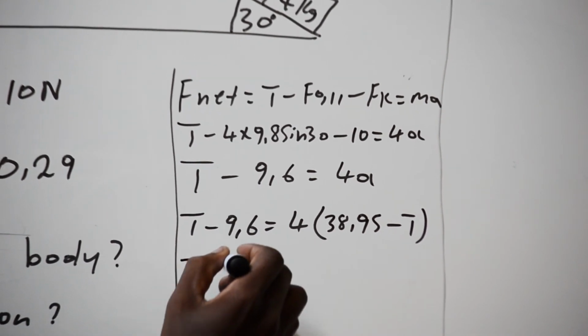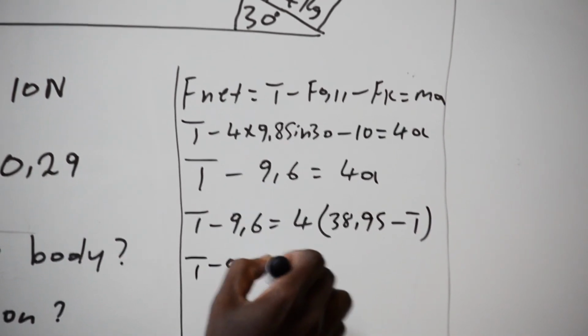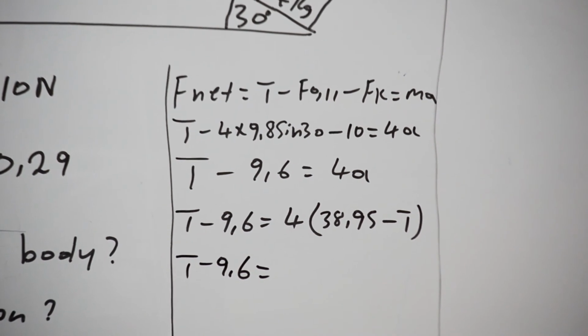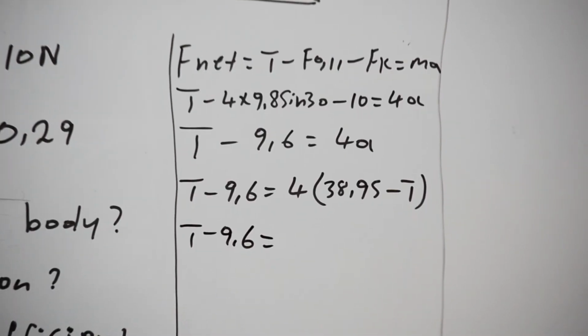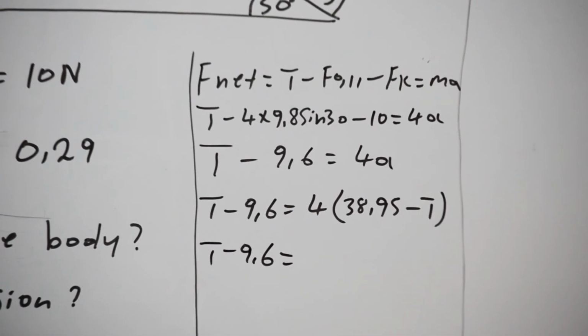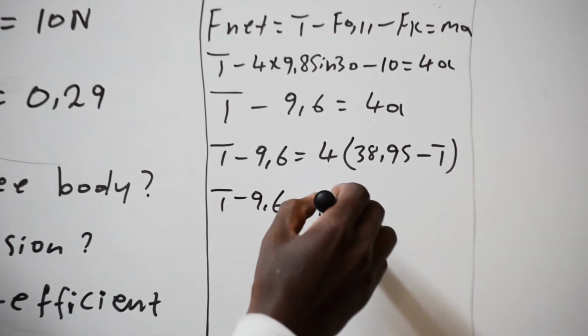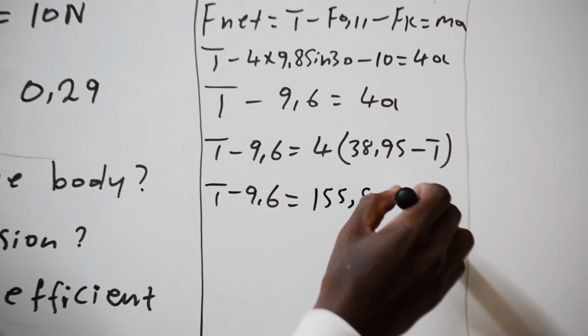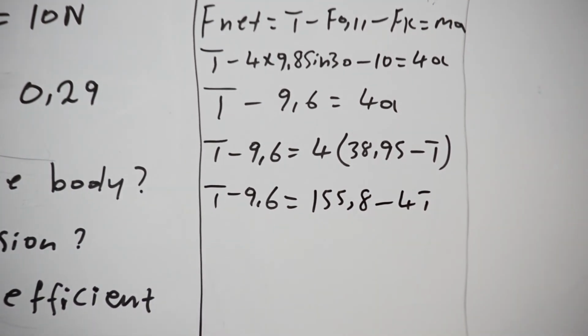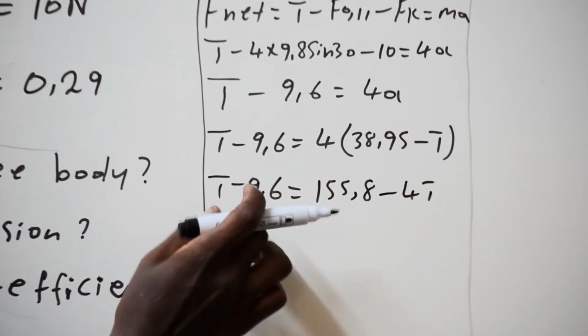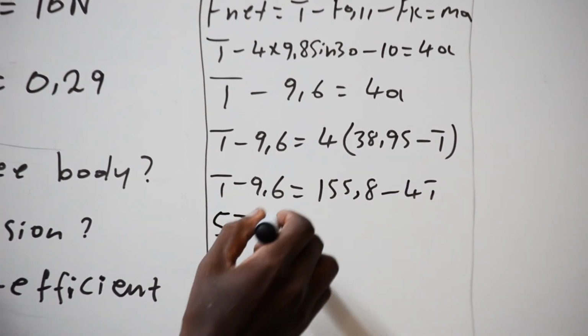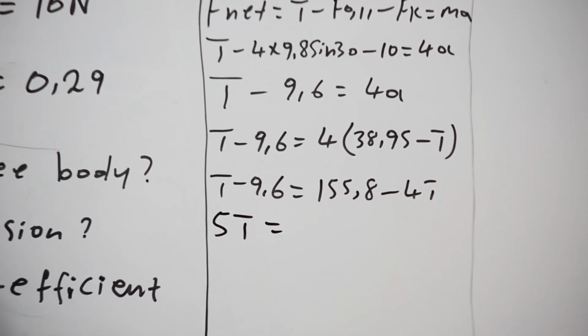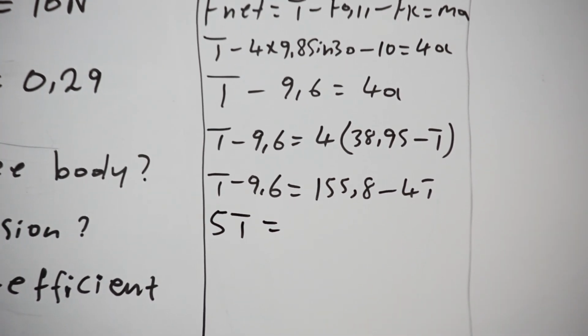So this is T minus 9.6 equal to 4 times 38.95, which is 155.8 minus 4T. Now what do we do? Take tensions together. We'll have 5T equals 155.8 plus 9.6.